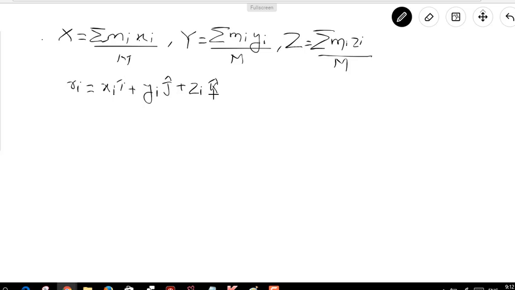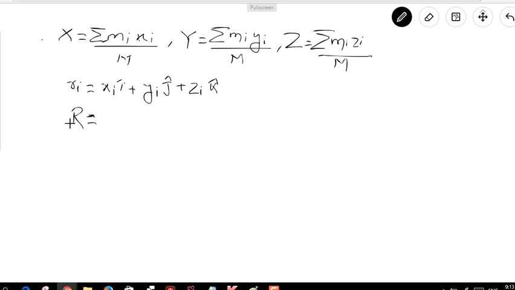xi i cap plus yi j cap plus zi k cap, where i cap, j cap and k cap are unit vectors along the x, y and z directions respectively. Let us represent the position vector of the center of mass, where here we are representing the x coordinate of the center of mass and here the y coordinate of the center of mass. We will represent all this as one, which is the position vector.